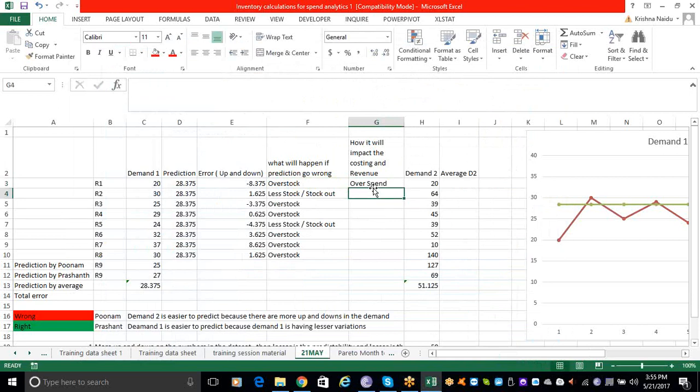So what is the second scenario? Less stock and stock out. If there is a stock out and less stock, what will happen? Any answers? How will it impact the financial outcome?